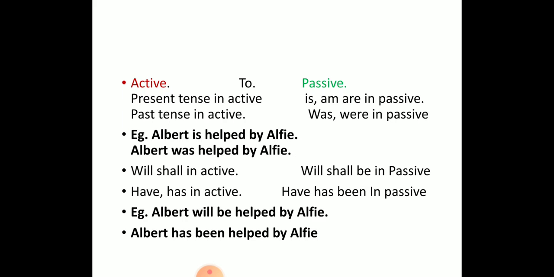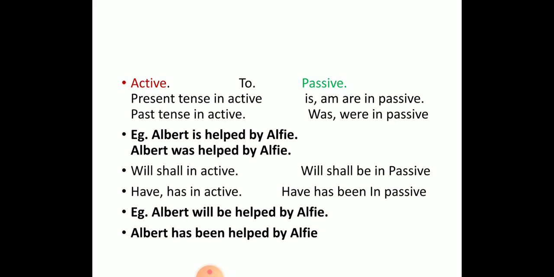Now we will see the changes of the verb according to tense in active passive voice. Here I will give you the active passive chart. Active passive chart means you can see on your screen present tense in active will change to is, am, are in passive, and in the same way past tense in active will change to was, were in passive.